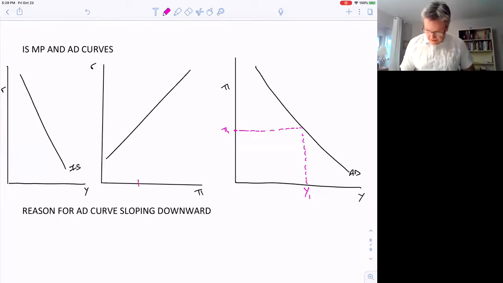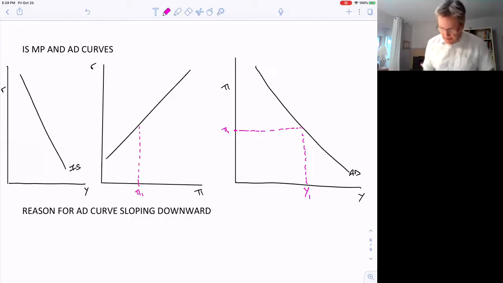And at an inflation rate of pi 1, the Fed will set a real interest rate here. We'll call it R1. And at that interest rate R1, that will give us a particular level of investment that will correspond to Y1.